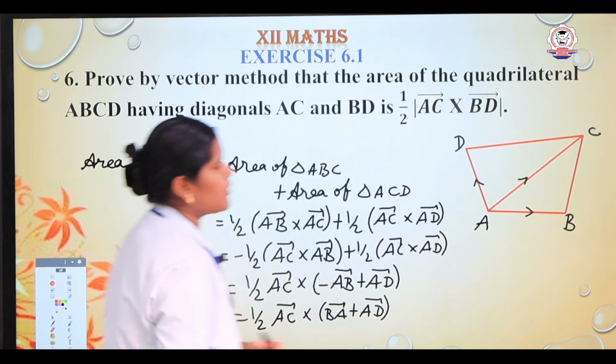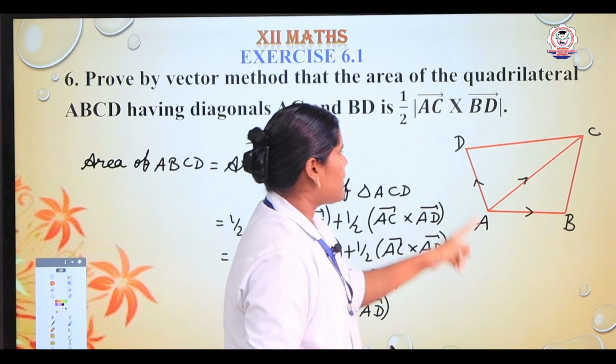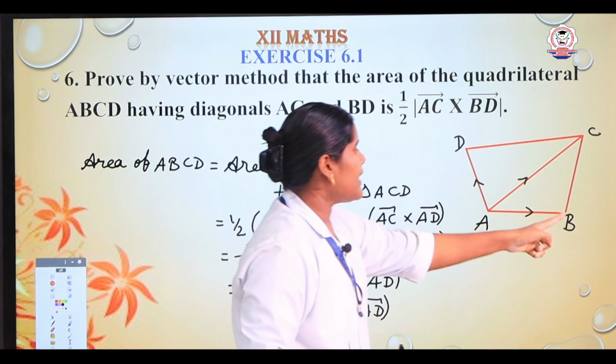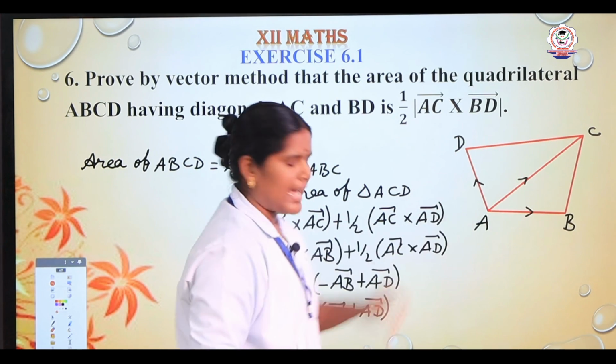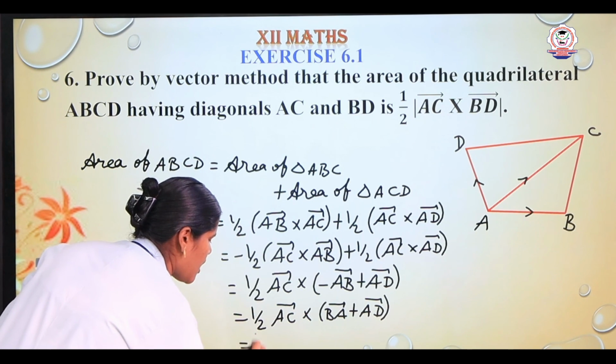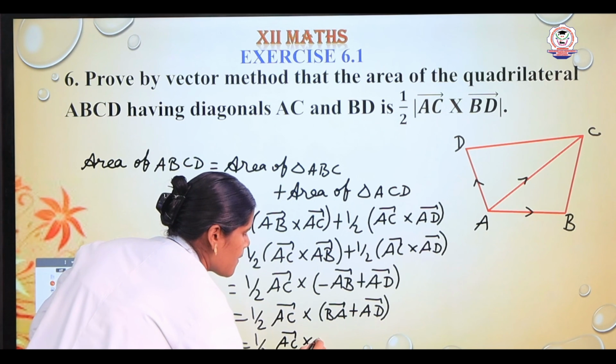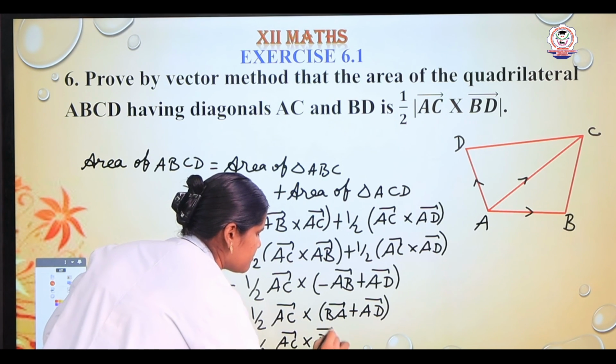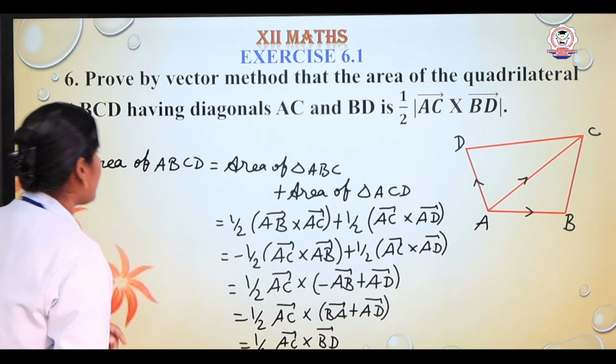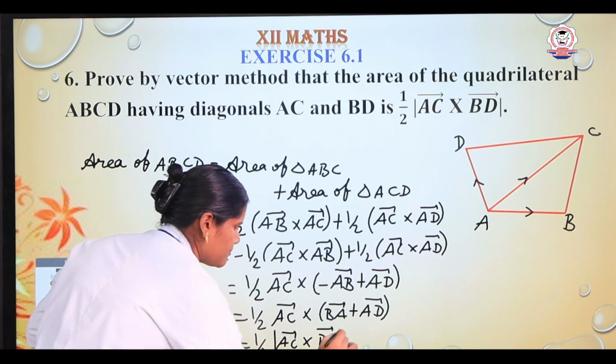Look at the diagram. BA vector plus AD vector is nothing but BD vector, the second diagonal. So we get half of AC vector cross BD vector. So this is the area of the quadrilateral.